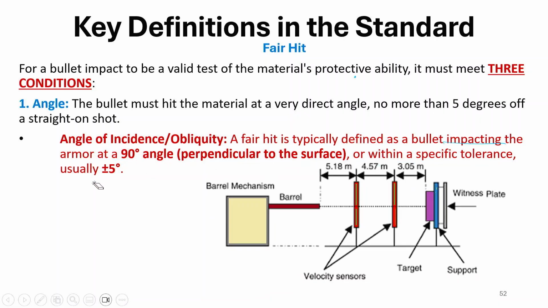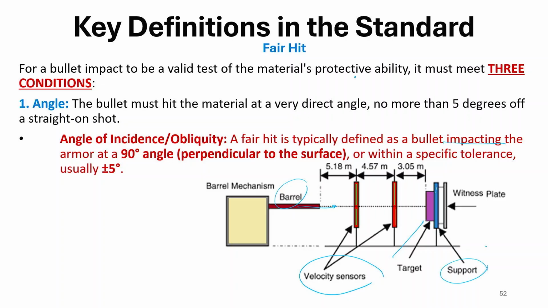Now, we can see here in this particular test, here is the barrel, and the bullet hits from this side, and here there are velocity sensors. This is a typical test setup, placed at different distances, and here there is an armor which is the target, and the support.